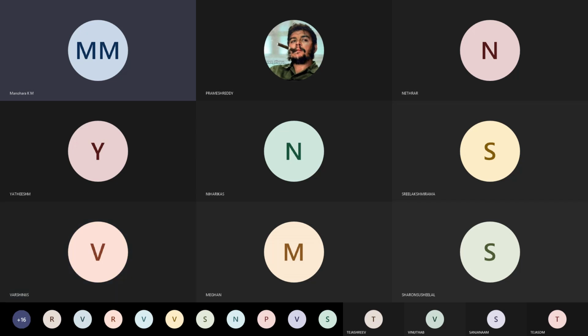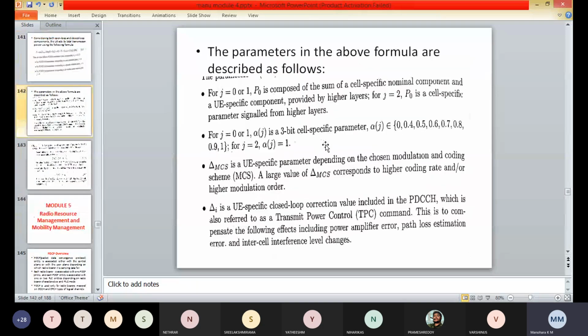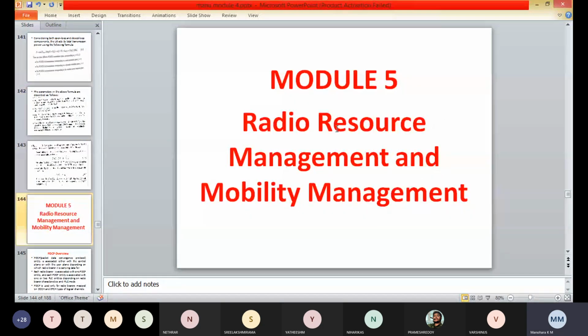Okay, next we'll move on to the fifth module. The fifth module is radio resource management and mobility management. The knowledge level we are going to study is K3. The course outcome of this module is to test and evaluate the performance of resource management and the packet data processing and transport algorithms.